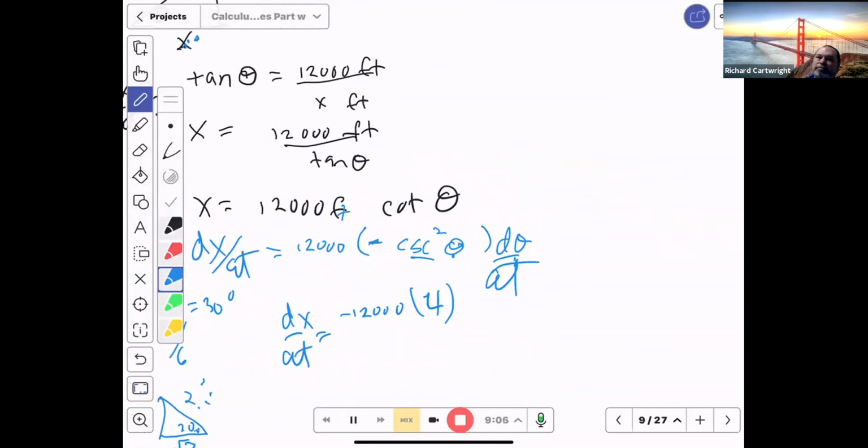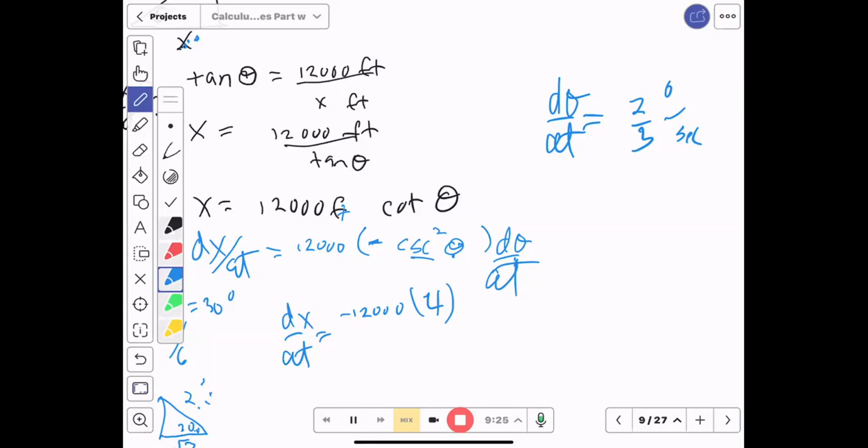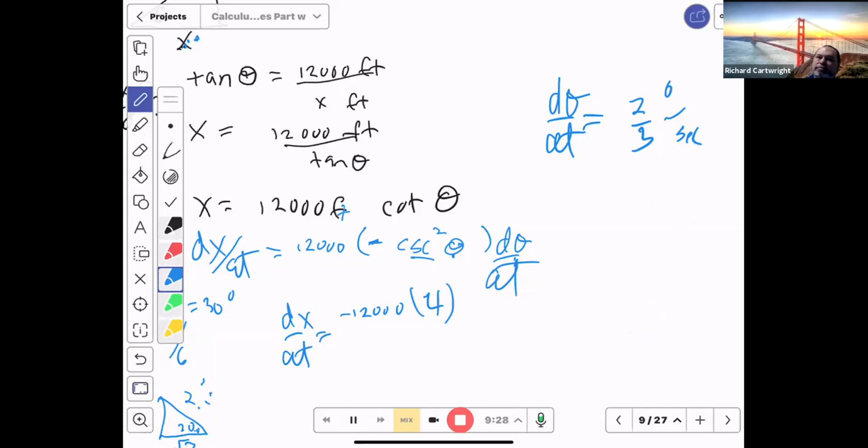Now I've got my d theta dt. He told me that d theta dt was equal to 2/3 degrees per second. Is that what he said? I don't want to scroll up there and look. Yes or no? Yes. Okay. So I want to put that in here. 2/3 degrees per second.